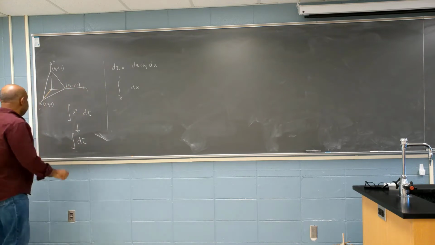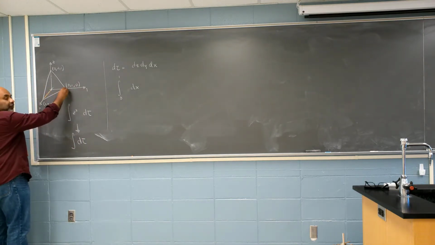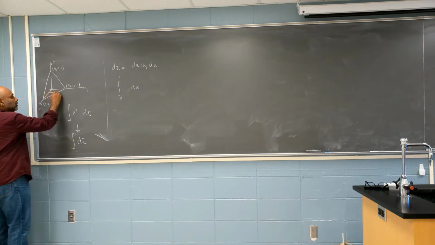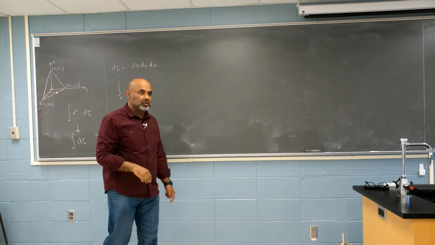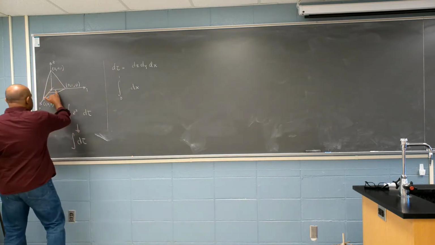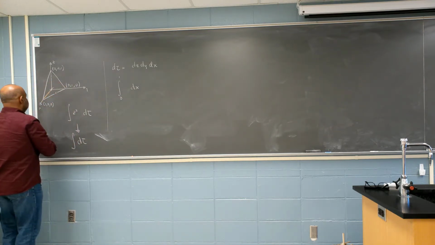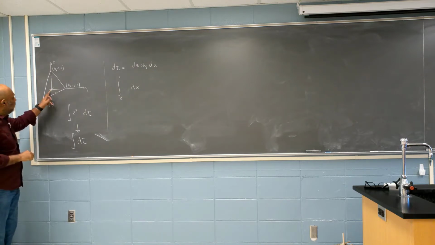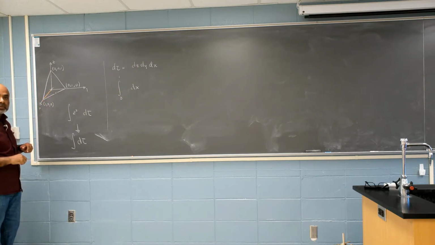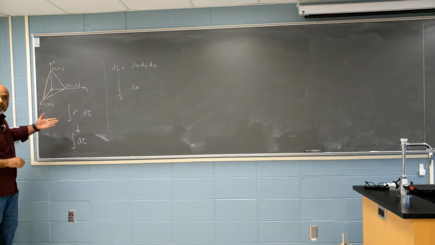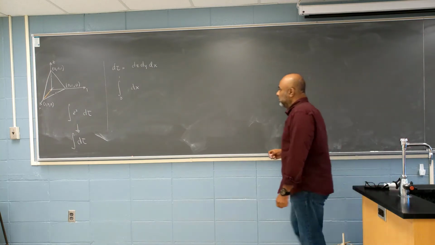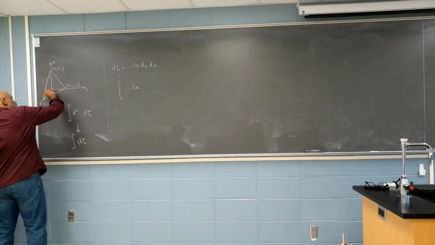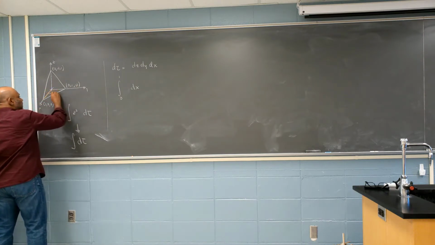Now, y, for every x, I don't go as far out as this. I go this far. Correct? Wait, can you say it again? So now the question is, for any x, what will be my limit of integration for y? Oh, you only go to where the boundary ends. Okay. So let me maybe pick a different color. It goes this far.